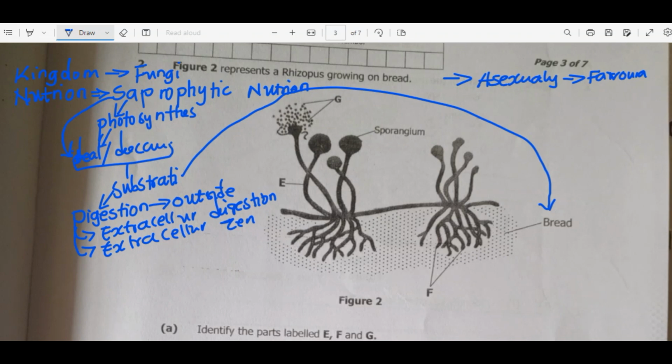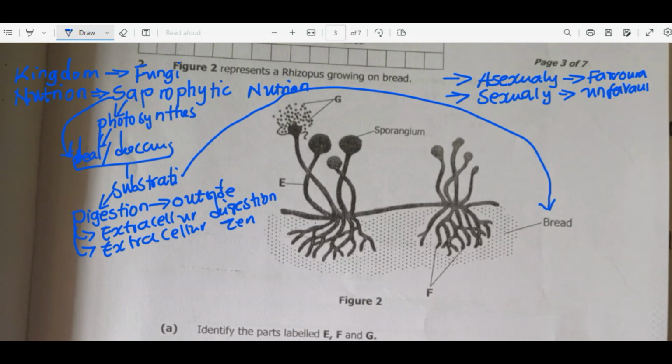But in a case where it's cold, or where the conditions are not favorable, the type of reproduction that can occur here is sexual reproduction. So sexual reproduction is when the conditions are not favorable.